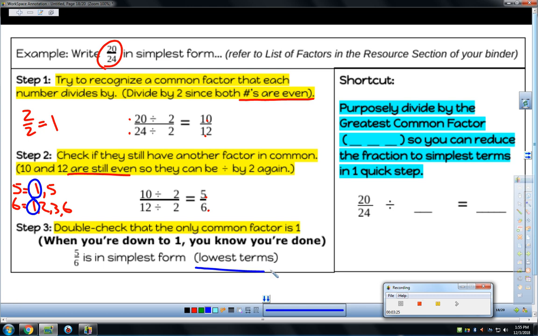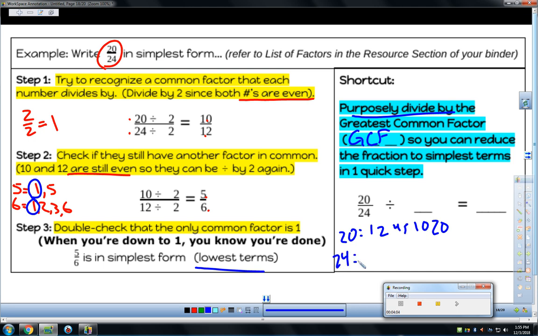There's a shortcut. This is the back roads. Might take you a little while, but you're definitely going to get there. The shortcut, the highway, is to purposefully divide by the greatest common factor, or the GCF, so that you reduce the fraction in one quick step. So, 20 and 24. What I like to do is list the factors. To get to 20, I could do 1 times 20, 2 times 10, 4 times 5.